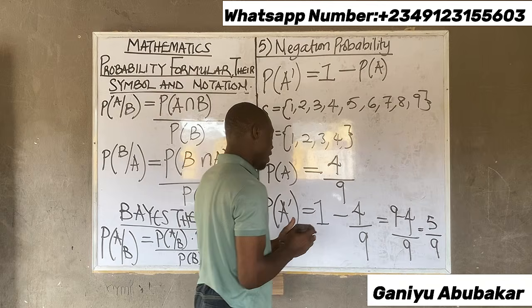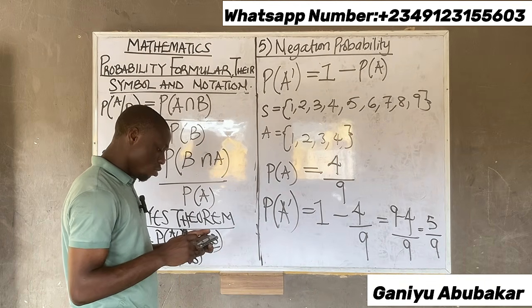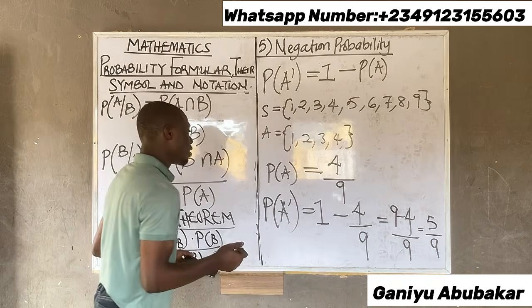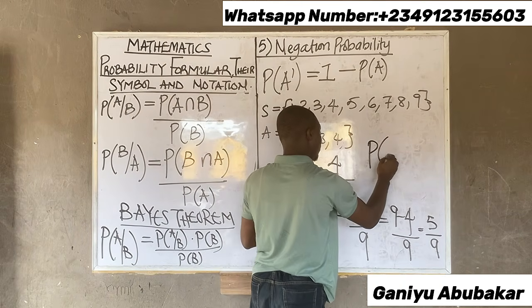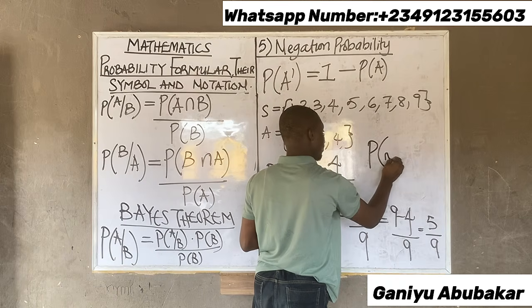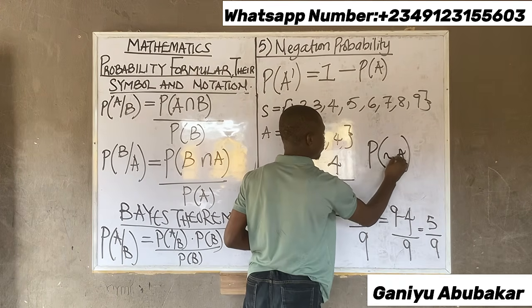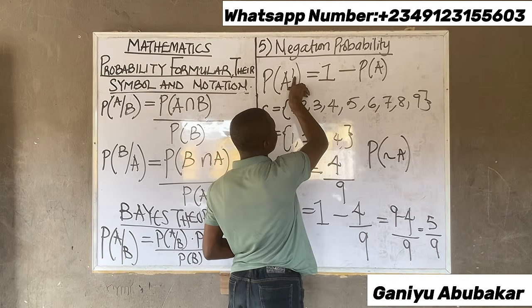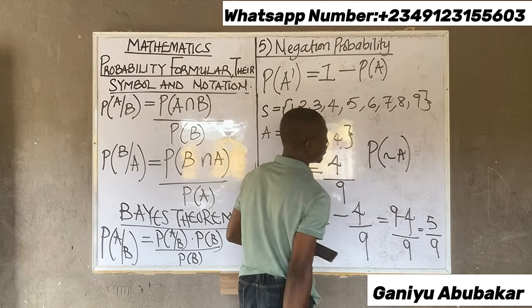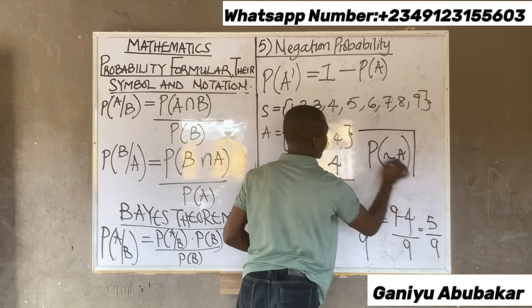So 5 over 9 becomes my answer to that negation problem, right? Some textbooks use a symbol like this, A with a bar or prime, and this still represents negation. Either you use this complement or this. You say complement, like negation. Some textbooks use this symbol, right, in quotes.